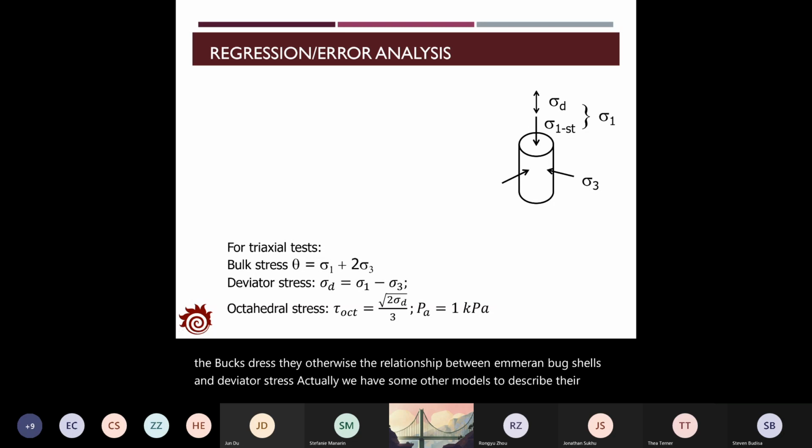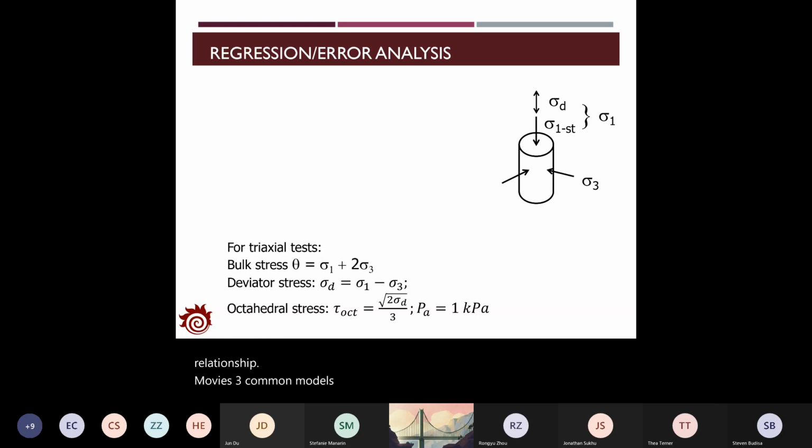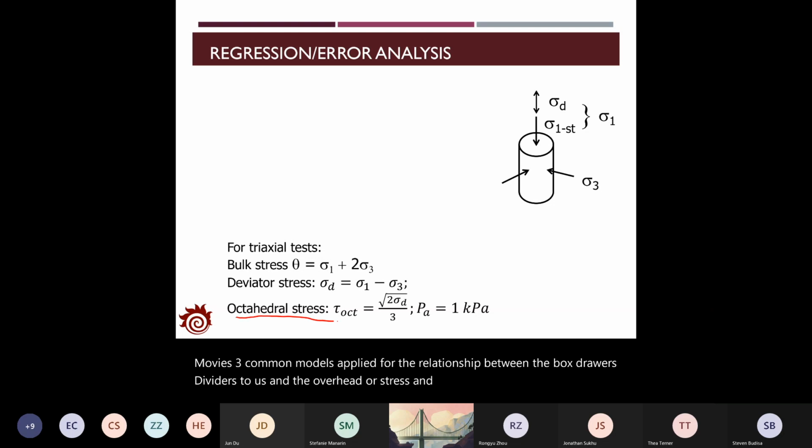There are three common models applied for the relationship between the bulk stress, deviator stress, and the octahedral stress. Here, the octahedral shear stress tau octahedral is defined as the square root of 2 times sigma d divided by 3.